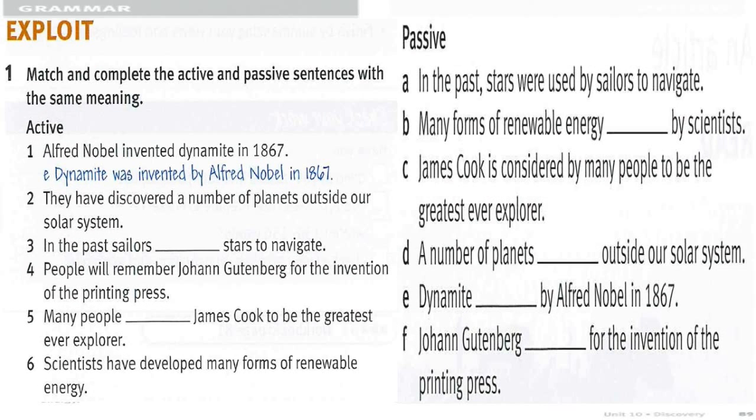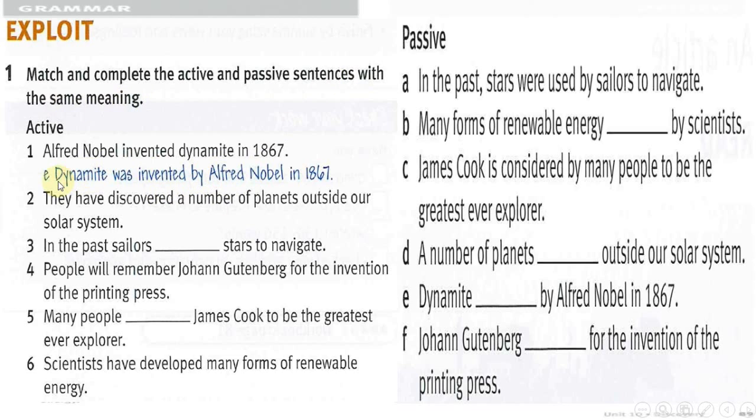Okay. Now in the exploit corner, we have two lists of sentences. One of them is active and on the other side are the passive. So we need to match the active with the passive forms and second, we need to complete the active and the passive sentences with the same meaning.